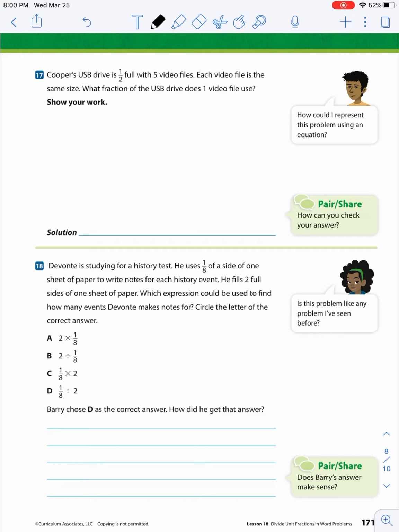Cooper's USB drive is 1/2 full. So I'm going to go ahead and create Cooper's USB drive, and it's half full. Why don't you go ahead and finish that up?